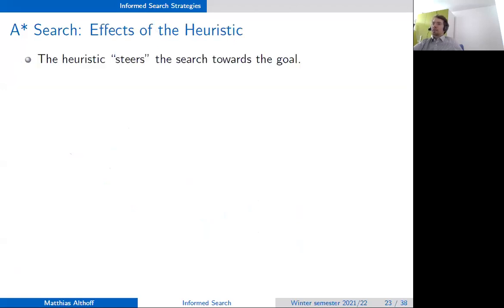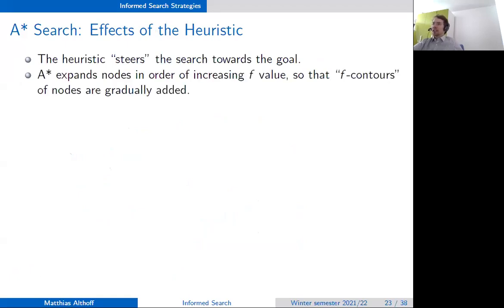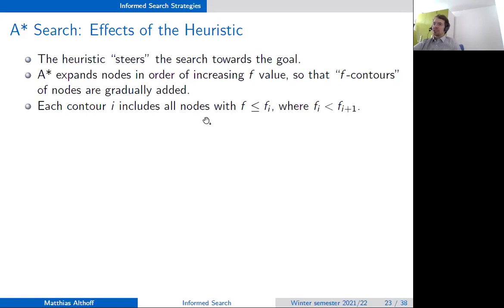Okay. So essentially, the heuristic now steers us towards the goal, and A star only expands nodes in order of increasing F values, so that we have this F contour. As you've seen, the F values were increasing step by step, but they were always targeted towards the goal because of this heuristic. So each contour includes nodes with F values less or equal than the i-th contour, and the values of the contours are increasing from step i to step i plus 1.